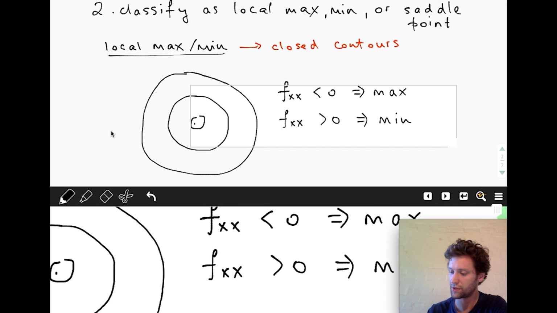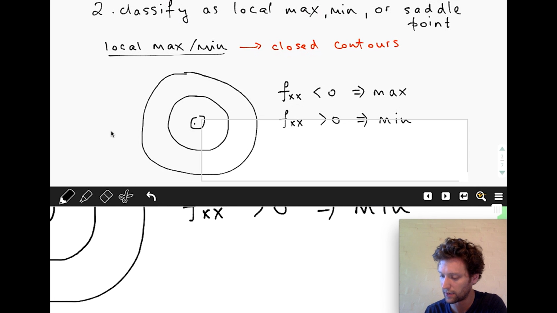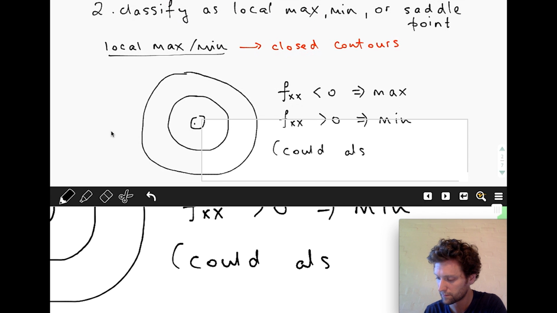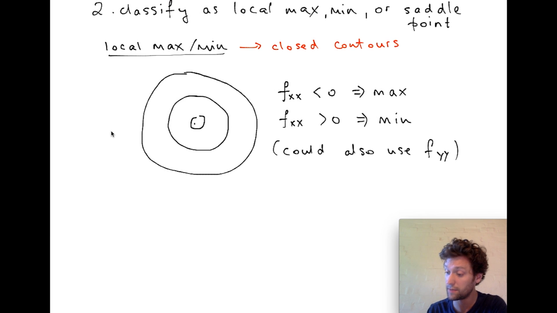And of course, I could equally well look at, I could also use the second derivative with respect to y, if I wanted to. It's not going to make a difference because, again, it doesn't matter which direction you're going in, x or y. Because you've got closed contours, the second derivatives will both be the same in each direction, the same sign.